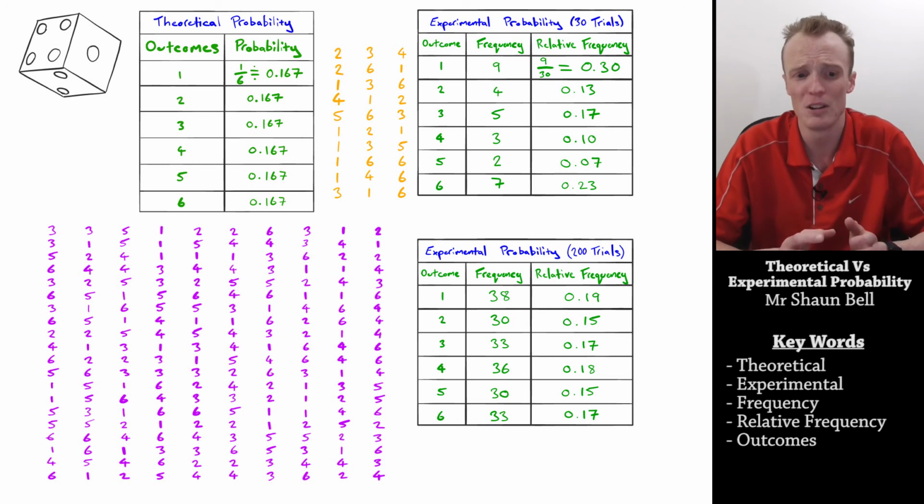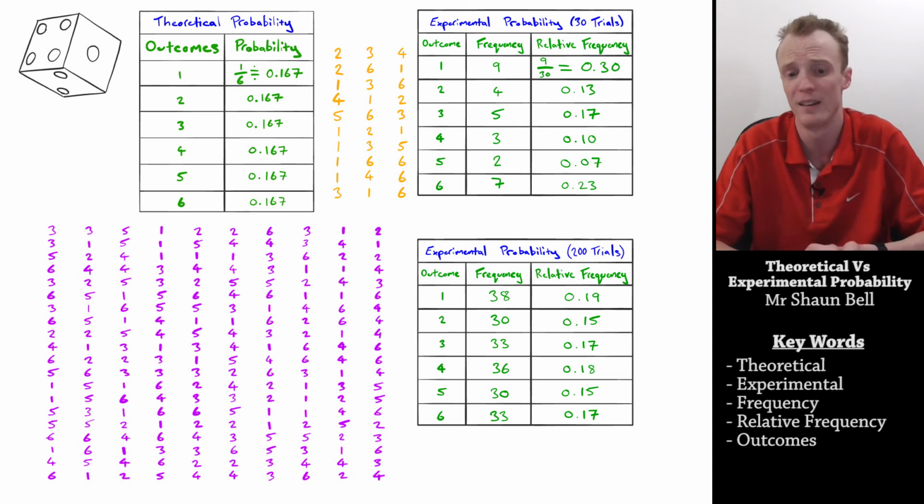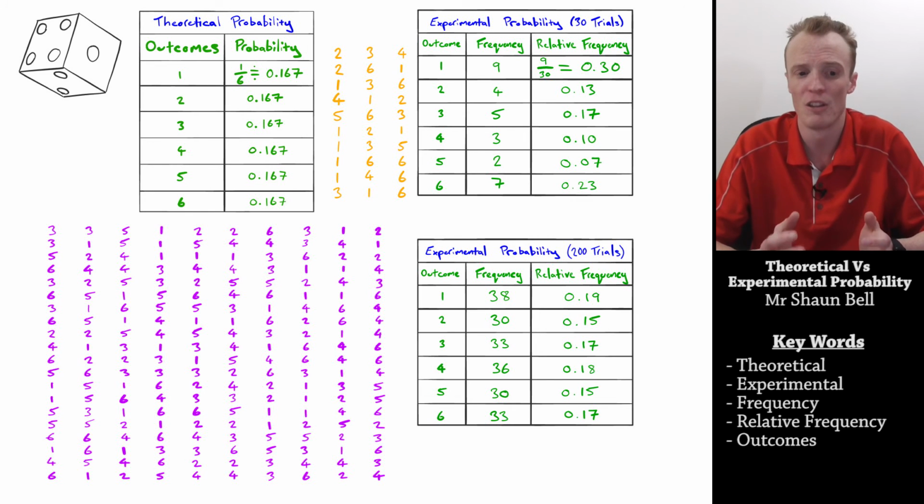But they also don't necessarily balance out perfectly to the theoretical probabilities. What does occur though is the more trials you do, the closer the experimental probabilities will end up being to the true probabilities of each outcome occurring.